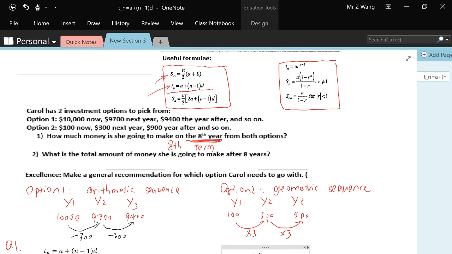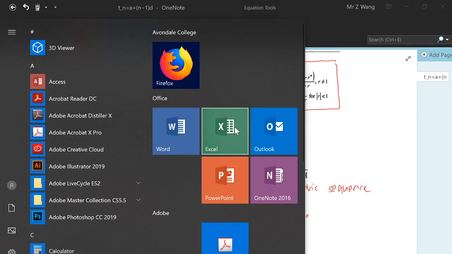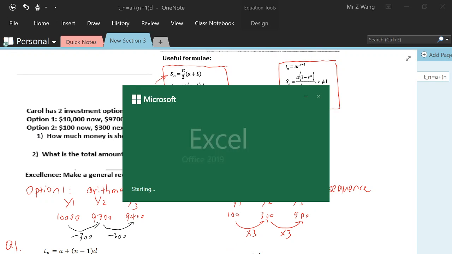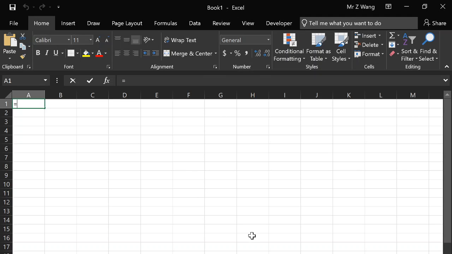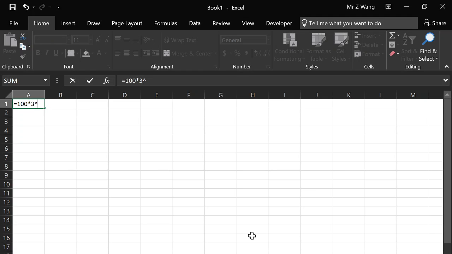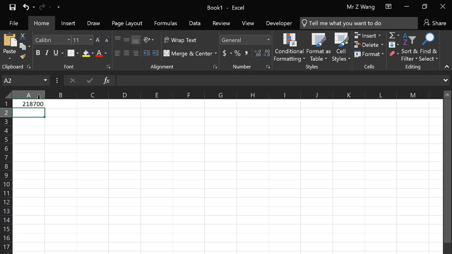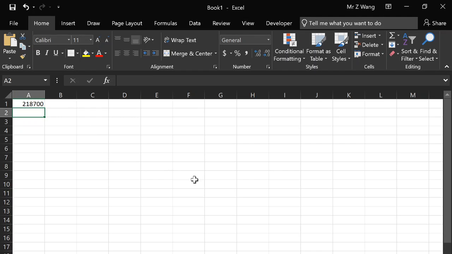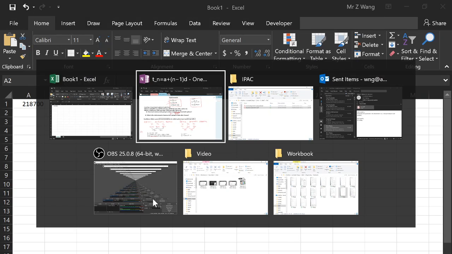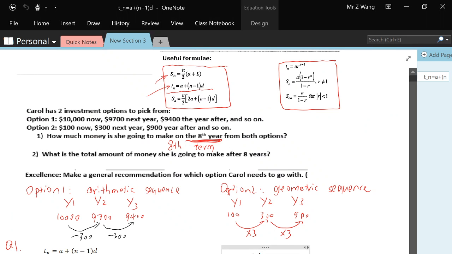If you press the calculator, this is 100 times 3 to the power of 7, which is 218,700.